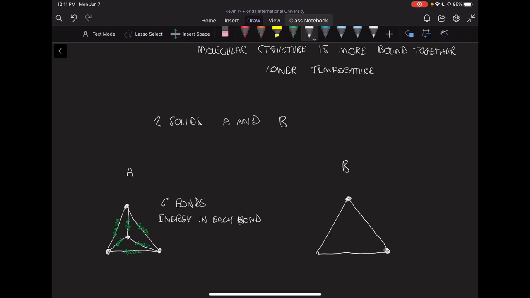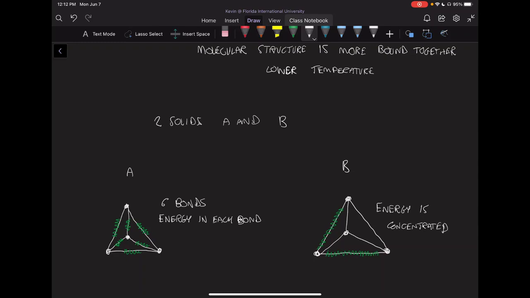Both systems have the same amount of energy, but B has the energy all piled up on only 2 of the bonds. So most of the energy is concentrated in B.